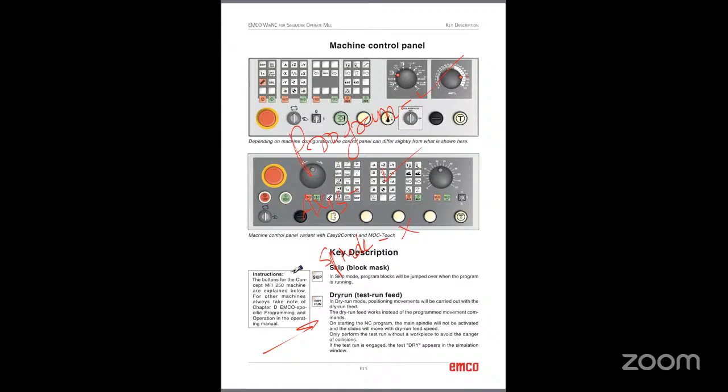Spindle not rotating, and also no cutting. So this is to check whether the program is correct or not, safely, without a workpiece.